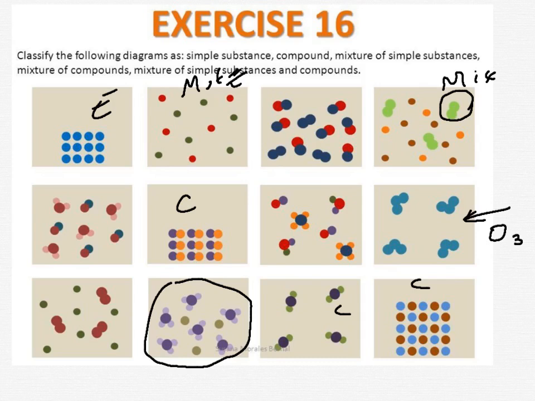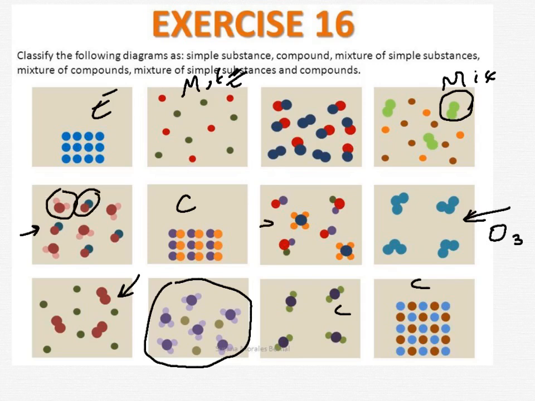Over here, I see a mixture of singular elements and diatomic elements. For this particular picture, I see two different kinds of compounds. One that contains three atoms and one that contains two atoms.